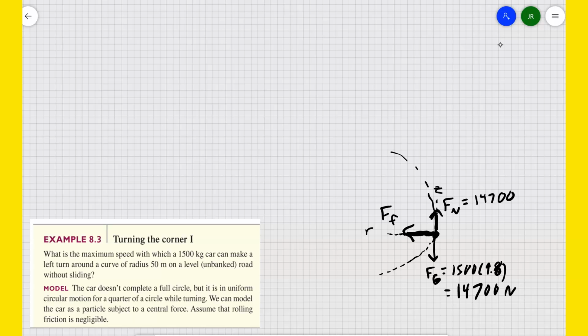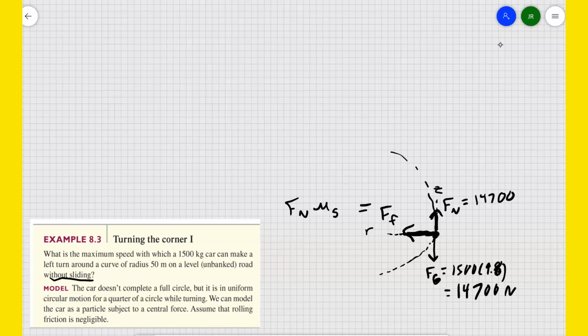And that frictional force is going to equal the normal force times mu for static friction. And this thing is not sliding. That's the whole problem, without sliding. So that's why it's static friction, not kinetic friction.